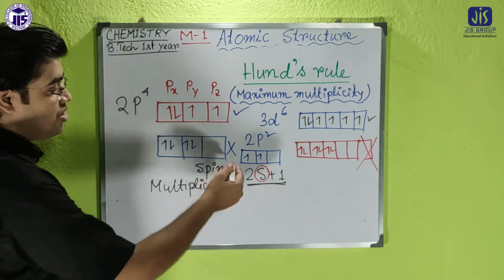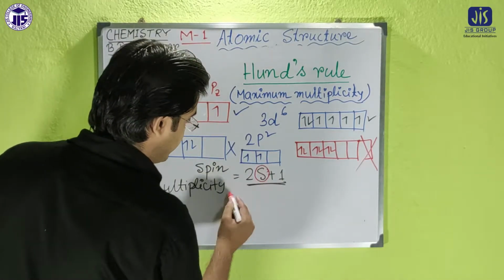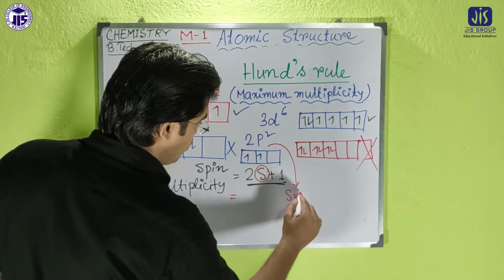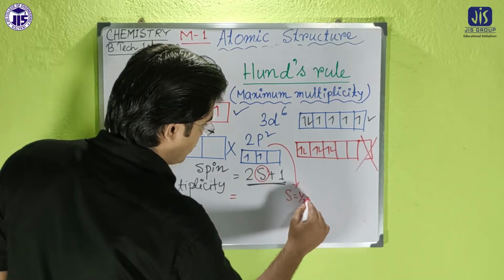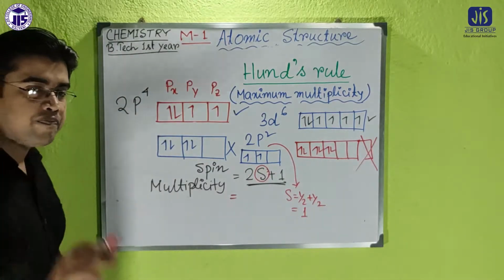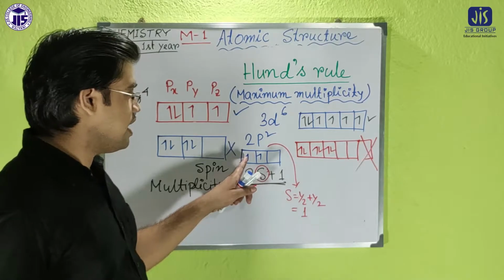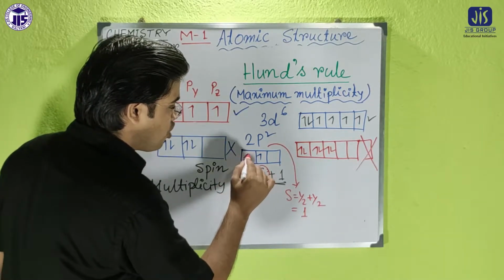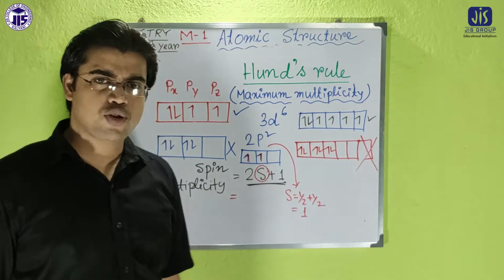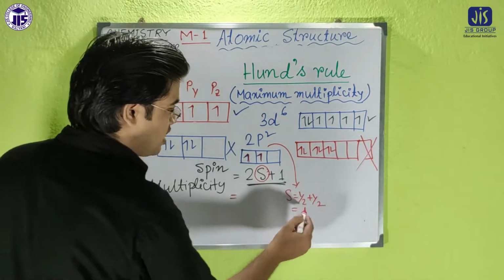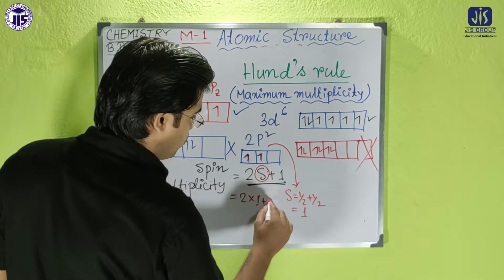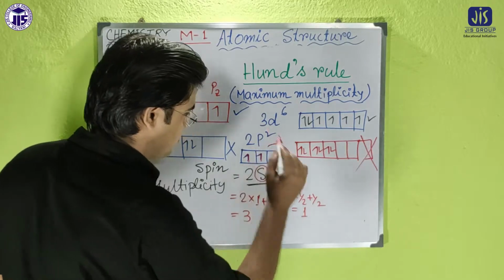In this case, for both electrons it is plus half, which means parallel spin, not opposite direction spin, so the value is the same. So S equals 1, and 2 into 1 plus 1 equals 3.